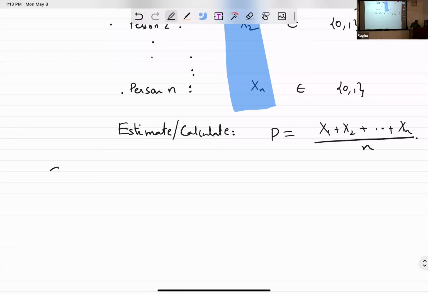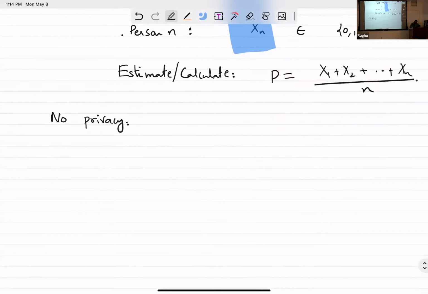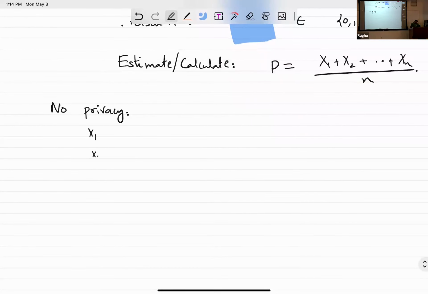So what's the silliest, maybe not silliest, let's say. Obviously, I could release all of the data as it is, and that gives me no privacy whatsoever.